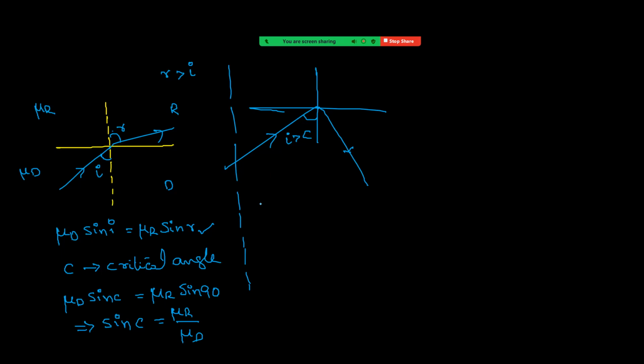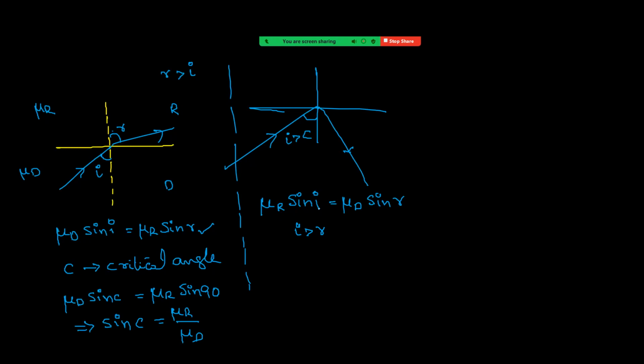See carefully, if you take the reverse, like traveling from rarer to denser medium, mu rarer sin I is equal to mu denser sin R. When we have a relation like this, it means if the light ray travels from rarer to denser medium, I will be greater than R. That means R value cannot become 90, because when I is 90, the light ray is incident parallel to the surface.